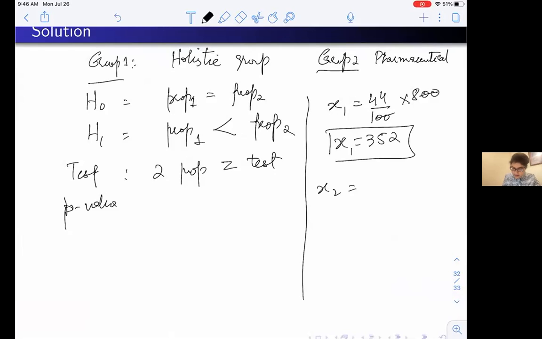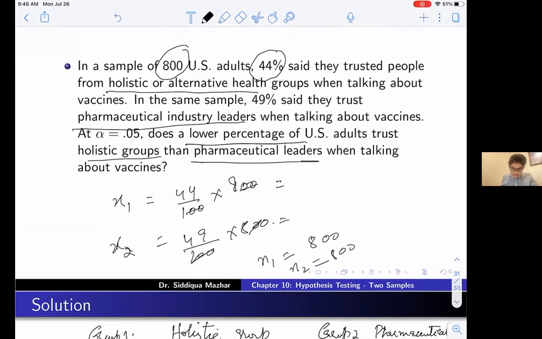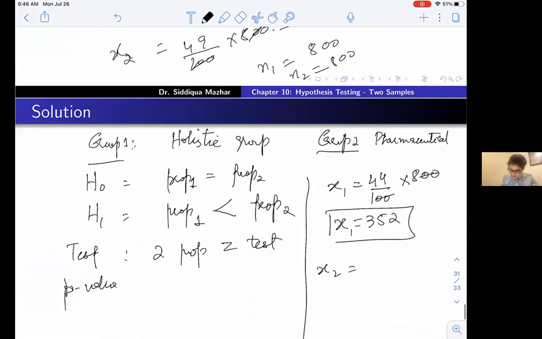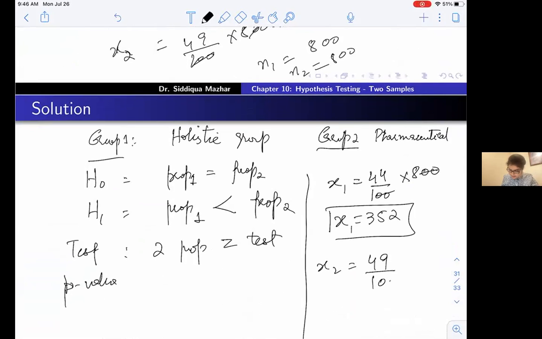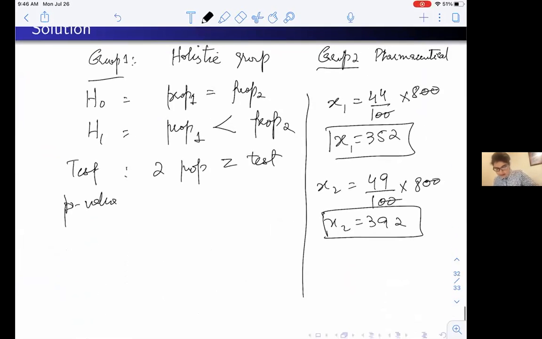And X2, the percentage who trust the pharmaceutical industry, is 49%. So 49 by 100 multiplied by 800 means 392 people out of 800 trust pharmaceutical groups. And N1 and N2 are the same, 800 for both cases.